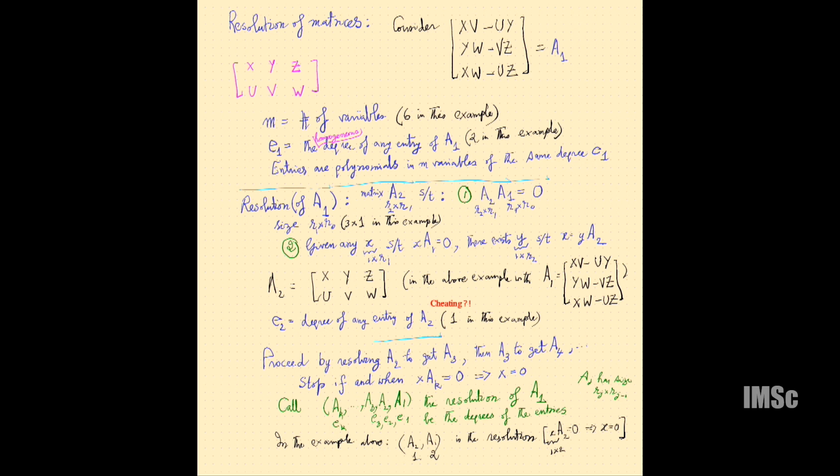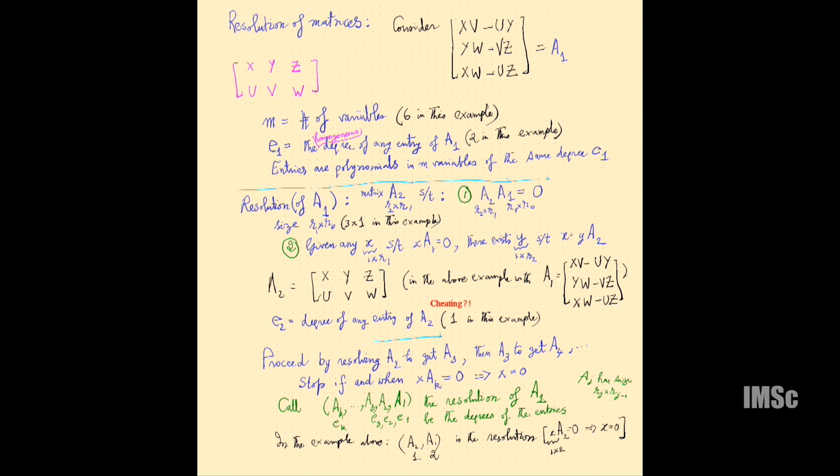If you expand a 3 by 3 matrix in which the last row is the minors, you get 0. Let's call E2 the degree of any entry of A2. A2 is also such a matrix. All the degrees are 1, and that degree I call E2.